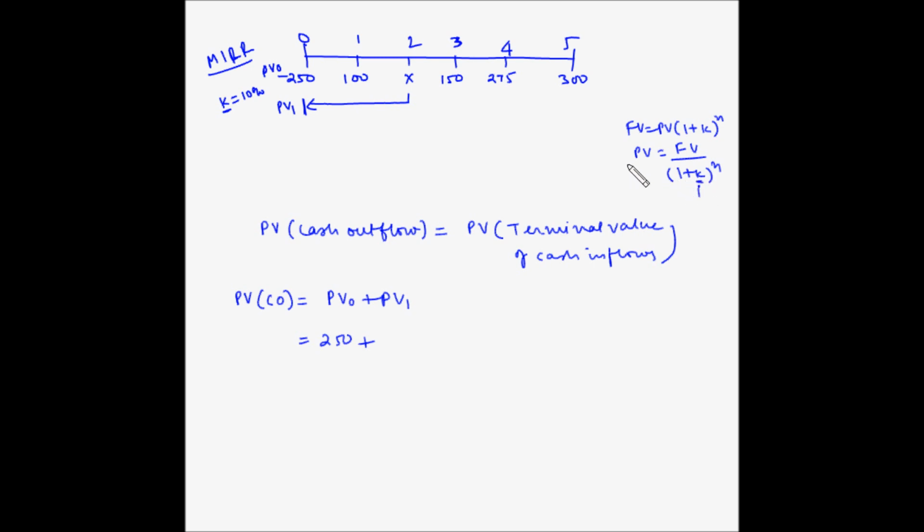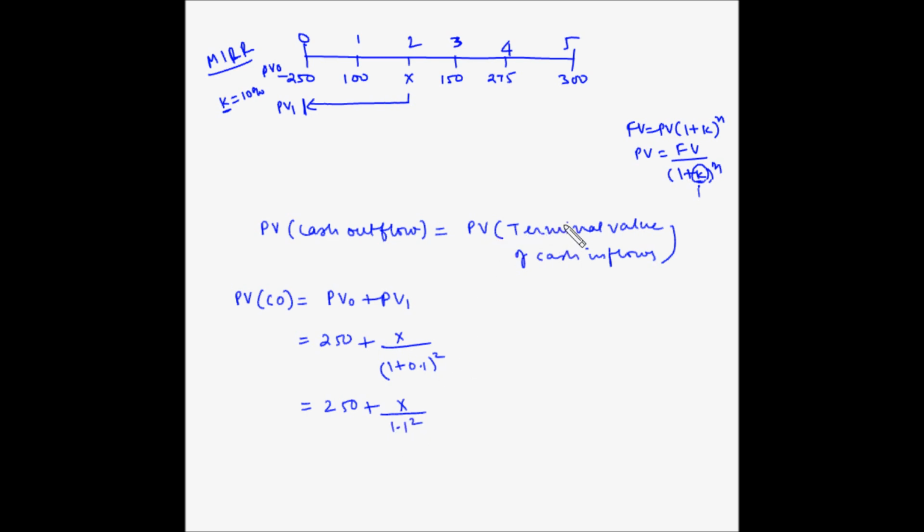However, since here we'll be using the cost of capital, which is represented by K, so I've used K here. So future value is X divided by 1 plus K, which is 10%, so that means 0.1 to the power N. Now number of years for which this is being discounted is 2. So this is equal to 250 plus X divided by 1.1 square.